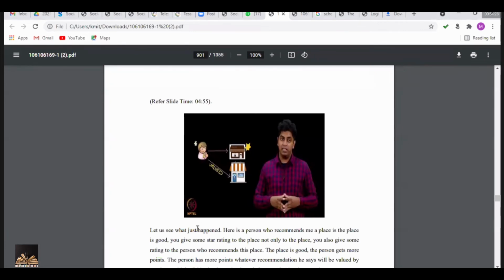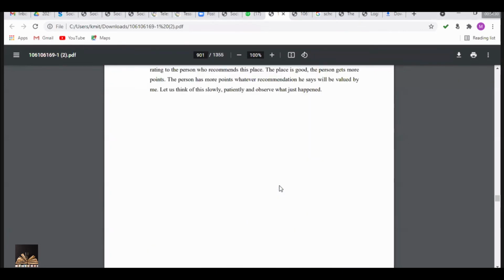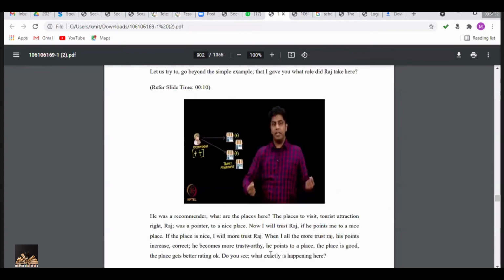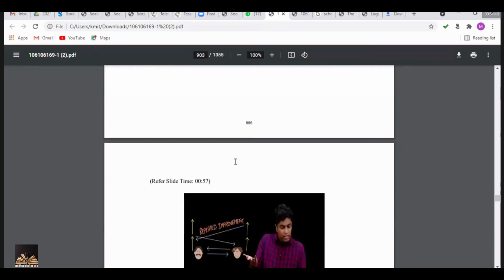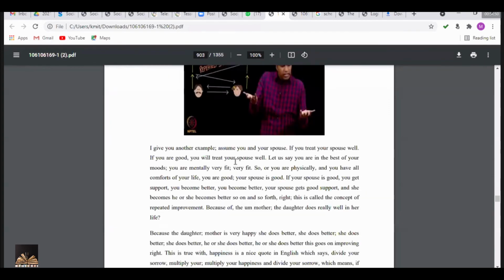So this is called the principle of repeated improvement. That means because this person is referring, the reputation of the hotel is increasing. Because it is increased, the person's value will increase. That way, both will be improving.